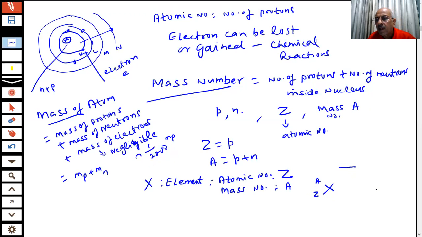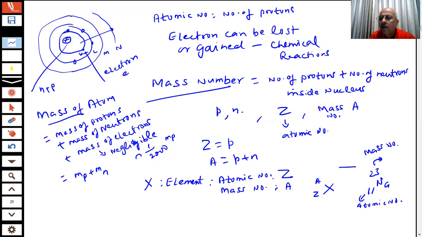For example, if I write 11Na23, what does it mean, students? What is 11? Atomic number. And what is 23? Mass number.